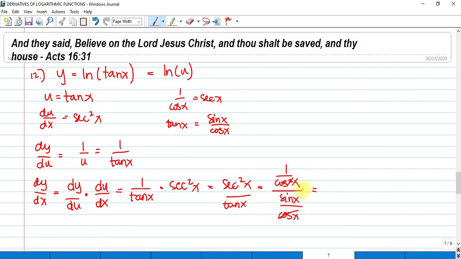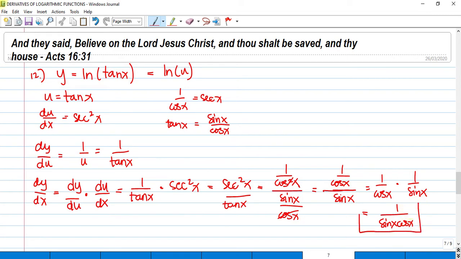We have now 1 over cosine of x over simply just sine of x. By simplification, this is a division. We get the reciprocal and multiply it by 1 over cosine. So that would be 1 over sine of x, and our answer would be 1 over sine x cosine of x.